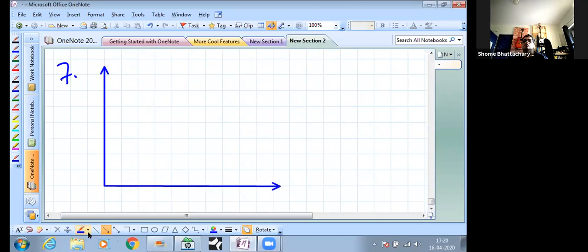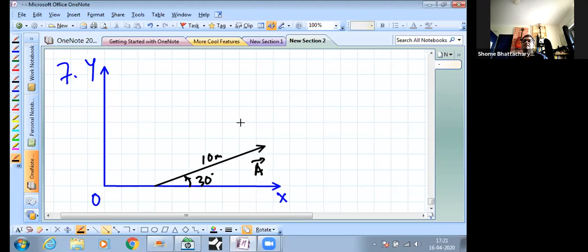If this is my x-axis and this is my y-axis, it is given to me that there are two displacements A and B, which are each of 10 meters, but their directions are as shown over here. So A is a displacement like this, let's say. A is such that its magnitude is 10 meters, but it's making an angle of 30 degrees with respect to the x-axis.